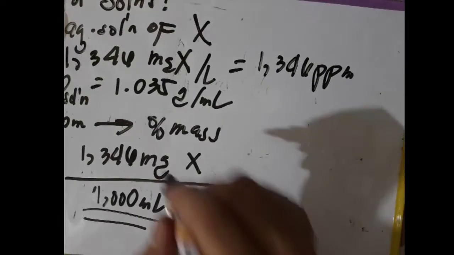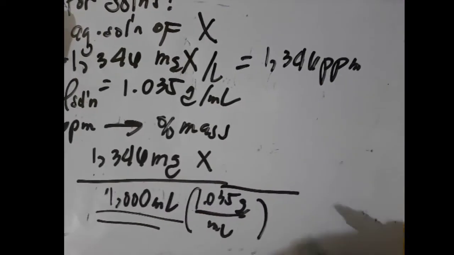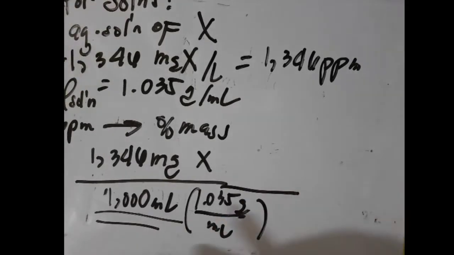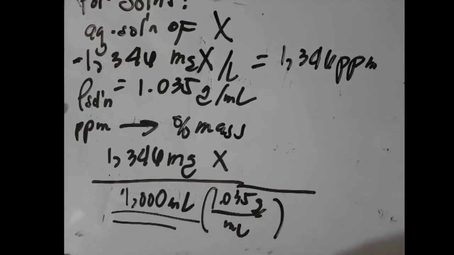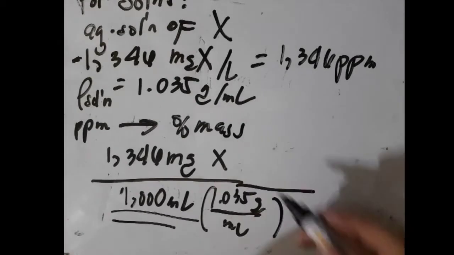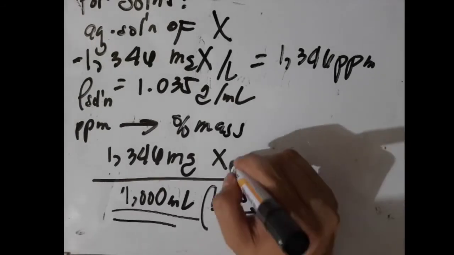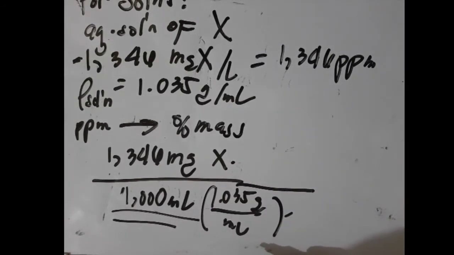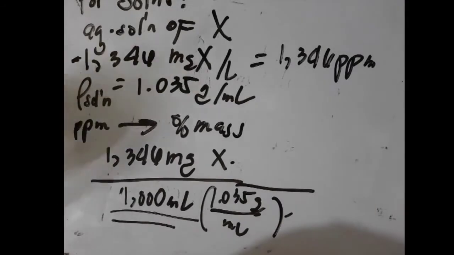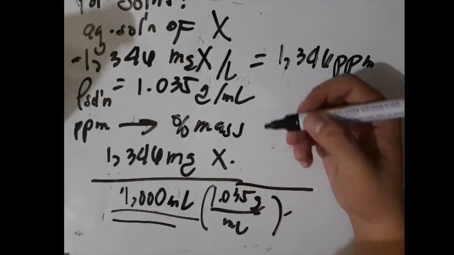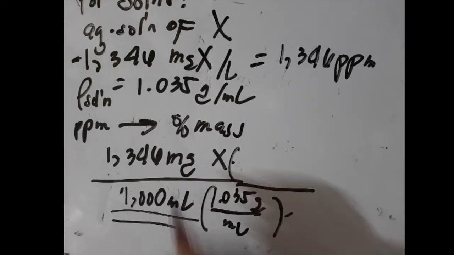And in order for them to be converted to percent mass, both of them should have the same units of mass. So since this is gram, either we convert the mass of the solution to milligrams, or we convert the mass of the solute to grams, whichever you prefer. Parehas lang na. Okay, so I will prefer that I convert this one to grams.